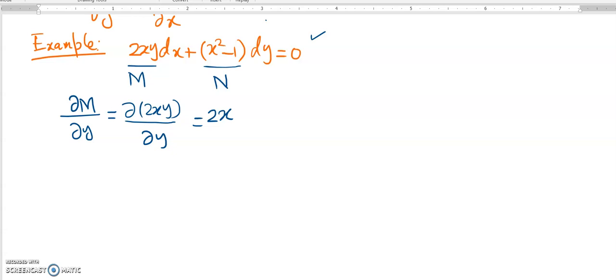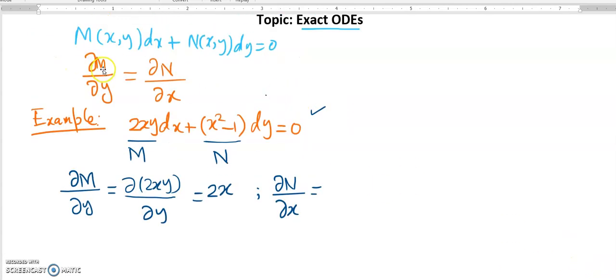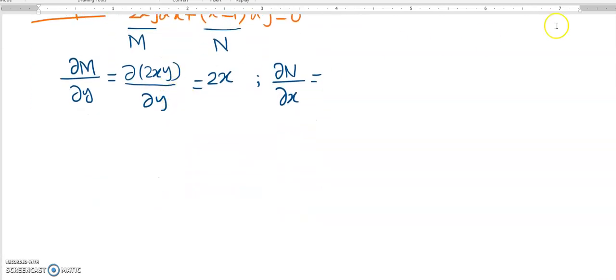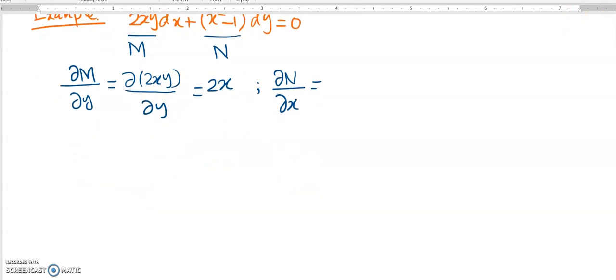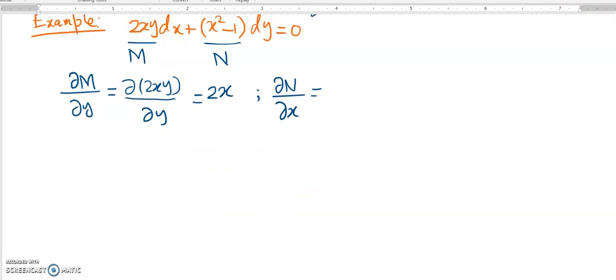The second derivative which you will take will be of N. Okay, so partial N over partial x, N with respect to x, because to meet the condition of the exact equation, partial M over partial y should be equal to partial N over partial x. So now you have partial N over partial x, that is partial of (x square minus 1) over partial x.